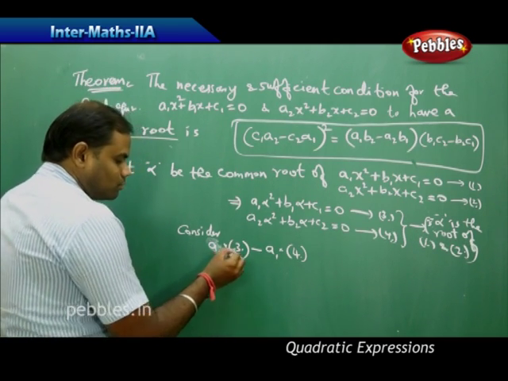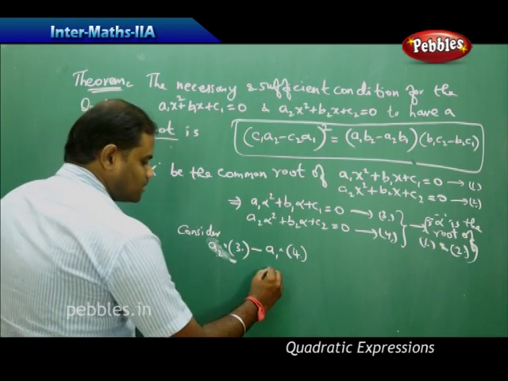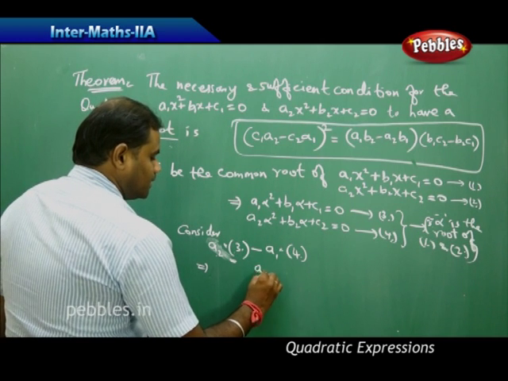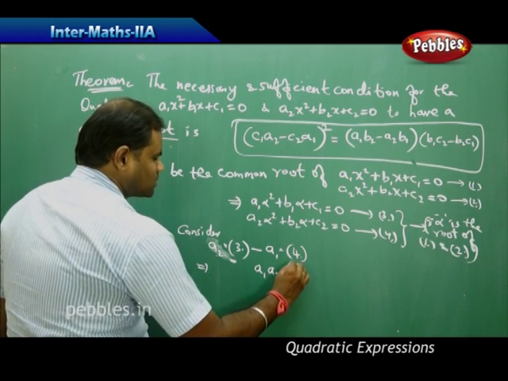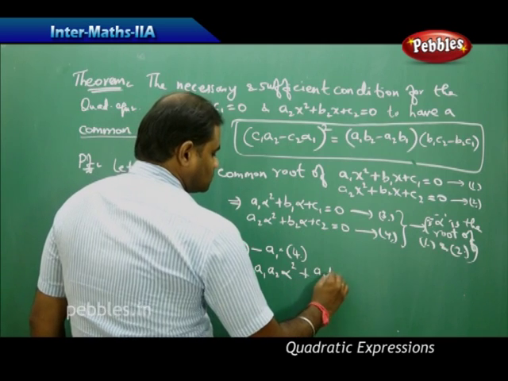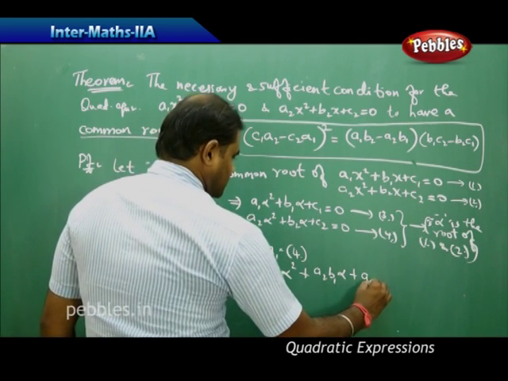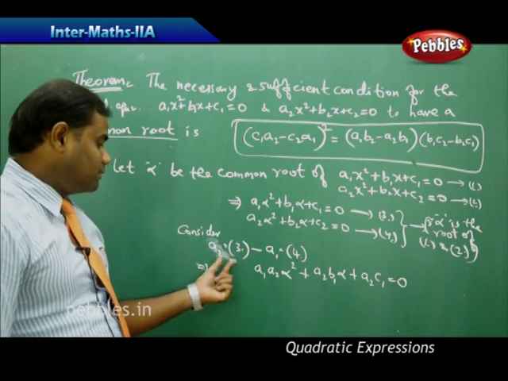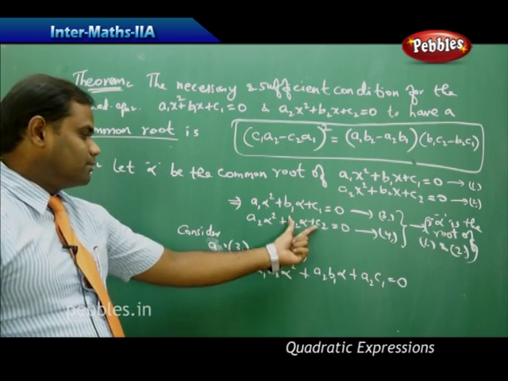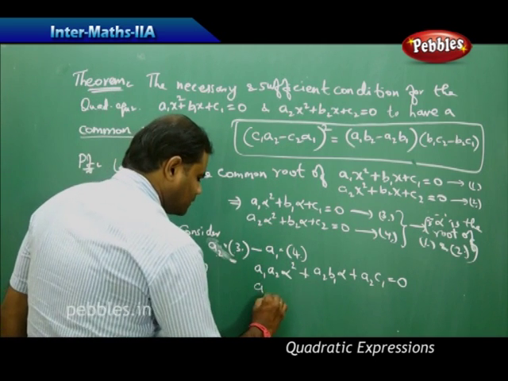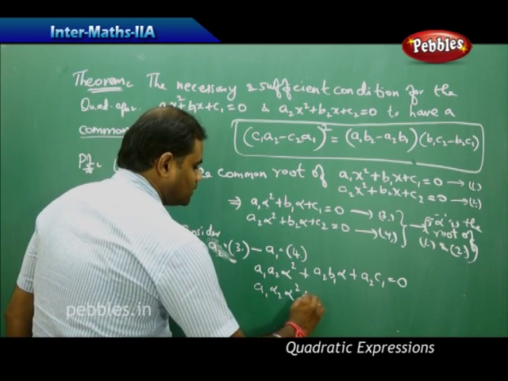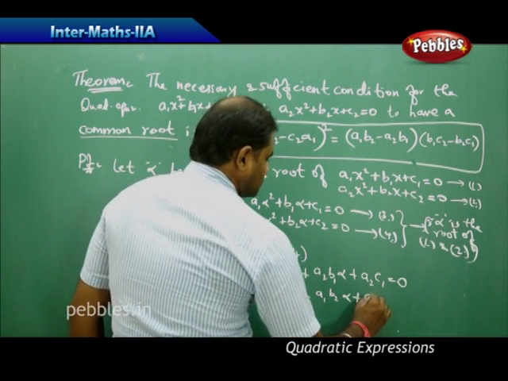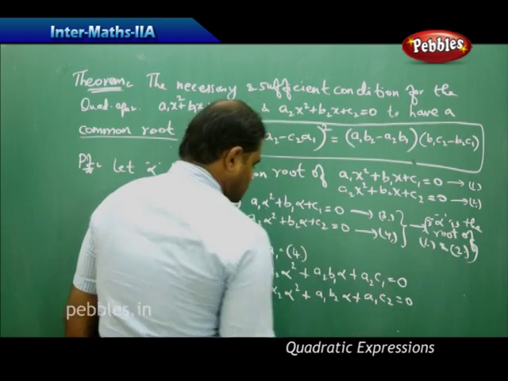When I multiply equation 3 with a2, I get a1 a2 alpha squared plus a2 b1 alpha plus a2 c1 equal to 0. Similarly, I multiply equation 4 with a1, I get a1 a2 alpha squared plus a1 b2 alpha plus a1 c2 equal to 0.